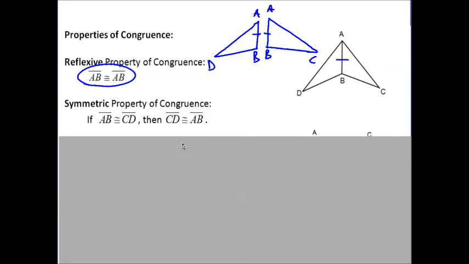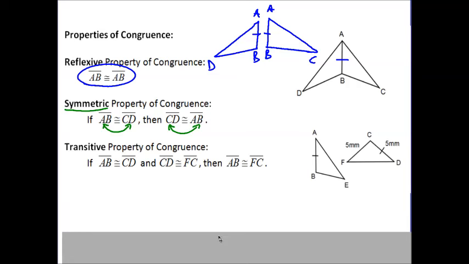The symmetric property of congruence tells us that if the segment AB is congruent to the segment CD, then the segment CD is also congruent to AB. So all we're really doing here is switching the two segments from left to right across the congruent symbol. We're still talking about the same two segments being congruent to each other.